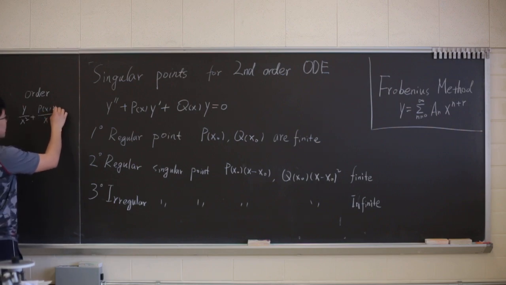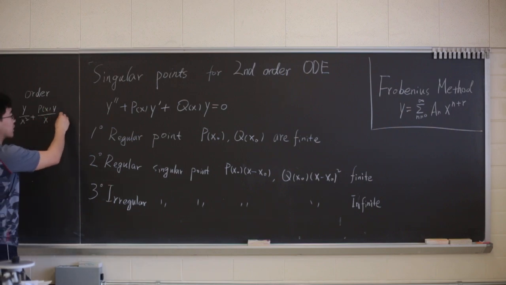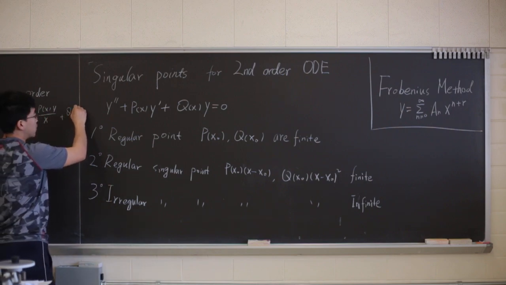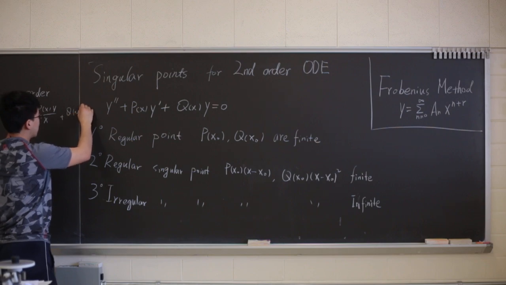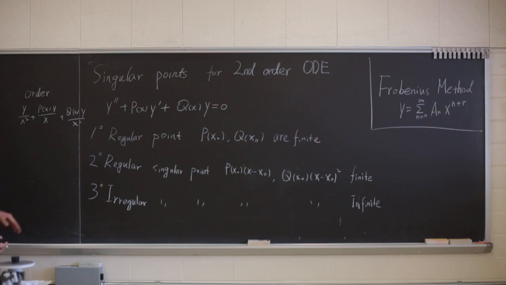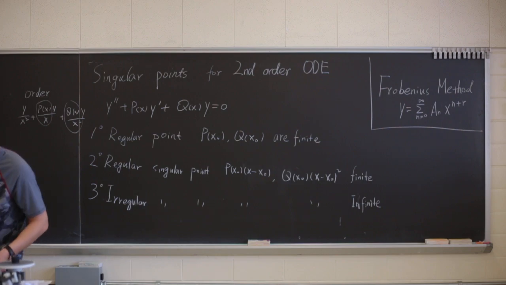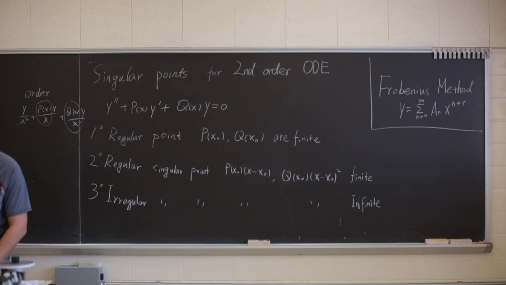The order of y prime is y over x. That will be p(x) y over x, and q(x) y over x squared. So that is how we get the definition of why we use regular singular point and irregular singular point.